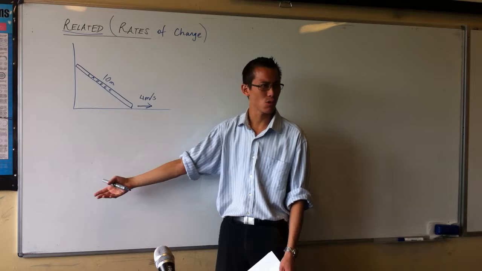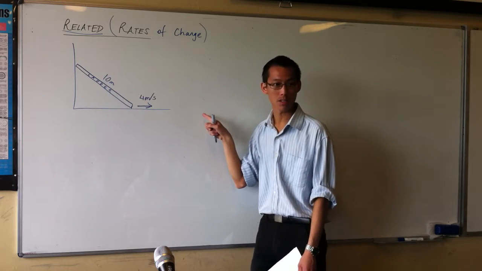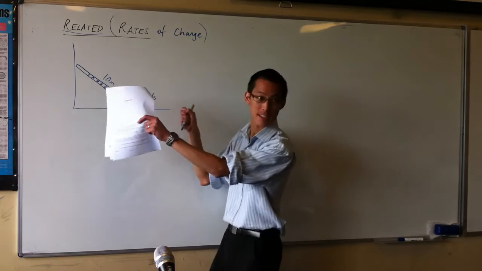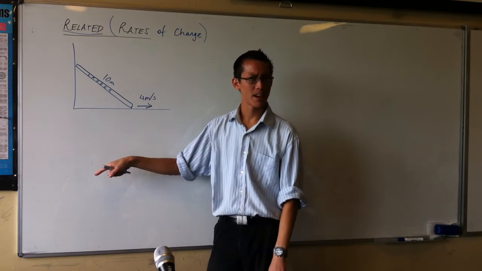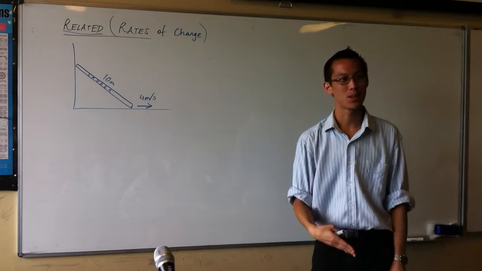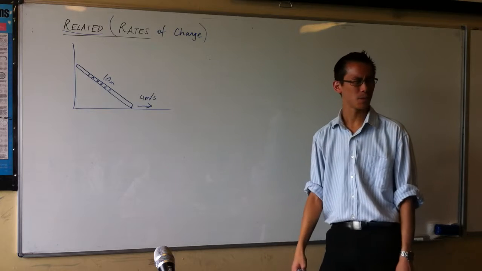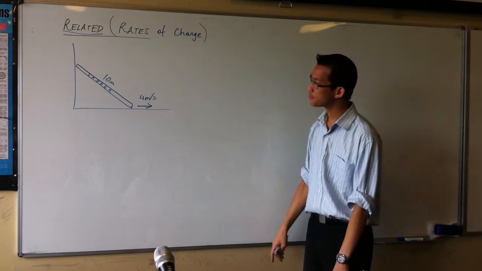Doesn't that make sense to you? Or even if it's not 4 meters a second, if this is moving at a constant rate, and this 10 meters is constant, then this is also dropping at a constant rate, right? I've stared at this question for a while. I've even done all the numbers on it, and I still think, but how does that even work? So, let's have a go at this and see if we can solve it.